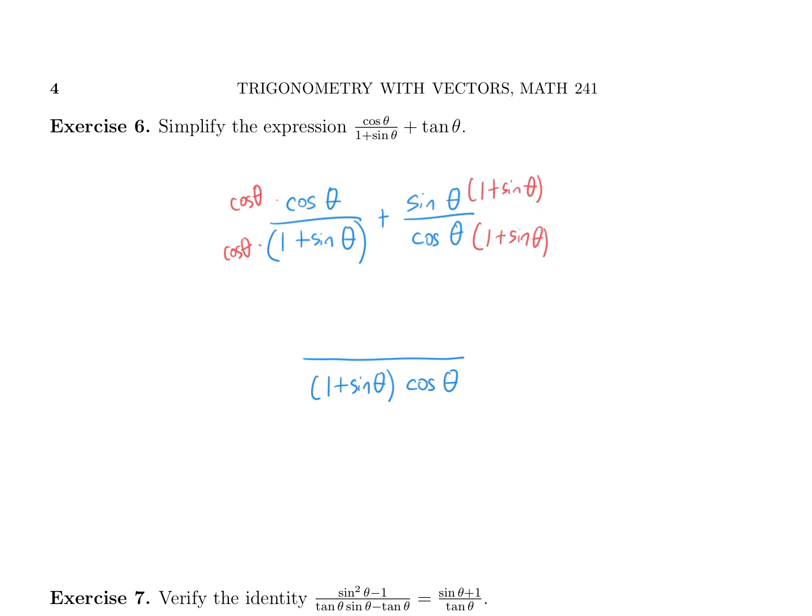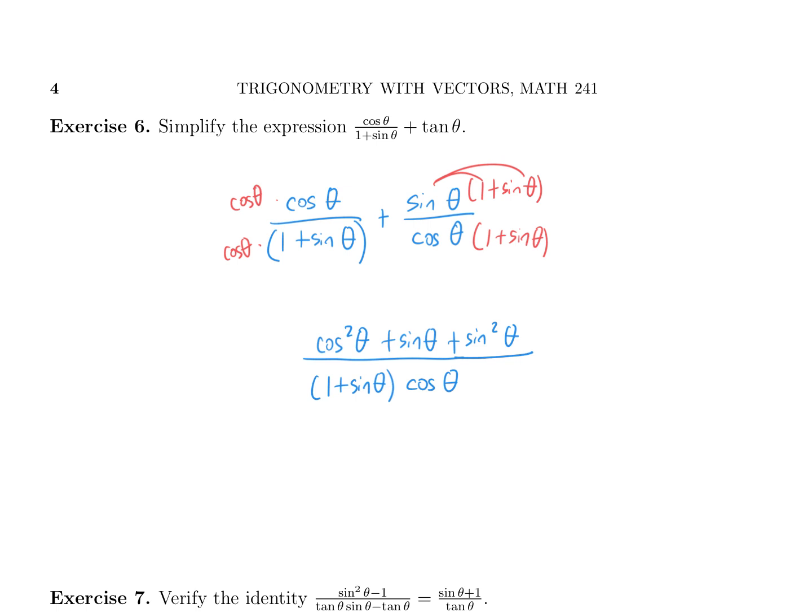And now if we simplify the numerators, you will get cosine squared. That comes from cosine times cosine. Over here, we have to distribute the sine, and you will get plus sine theta plus sine squared theta.